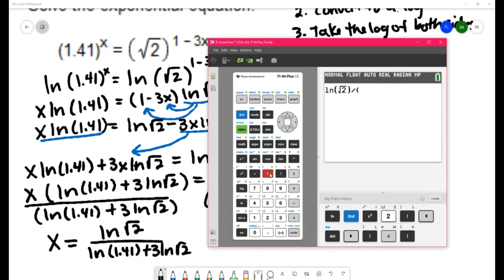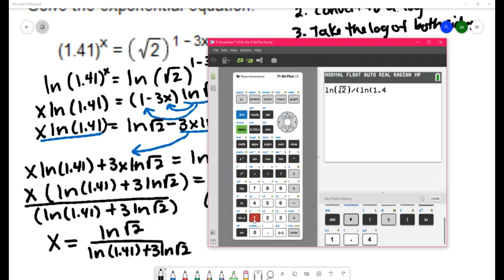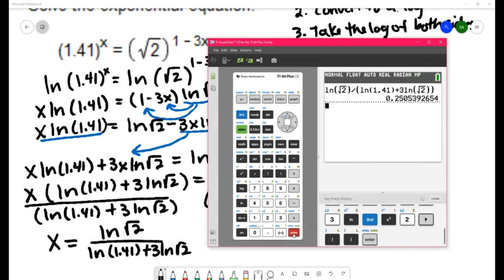I need parentheses around my denominator because there are multiple terms. Natural log of 1.41 plus 3 natural log square root of 2, and then close parenthesis for the log and close parenthesis for the denominator. So we've got approximately, let's round to 4 decimal places, 0.2505.